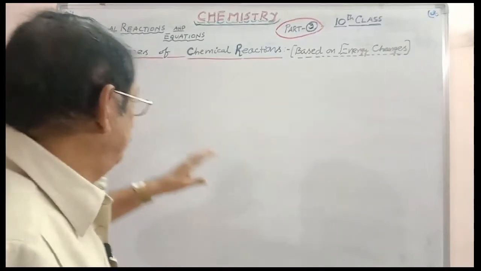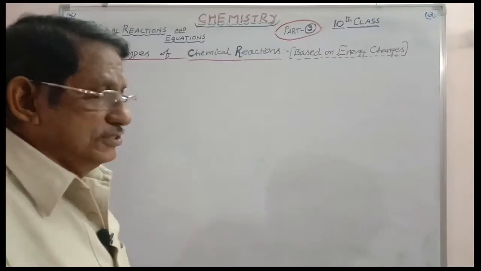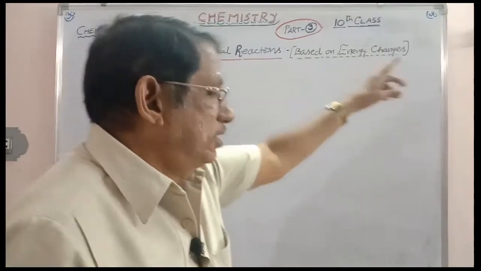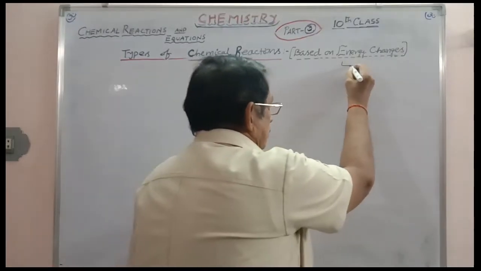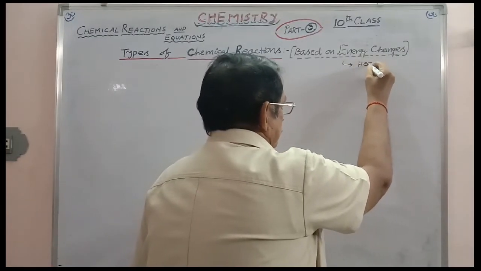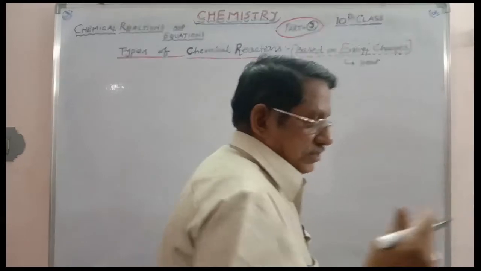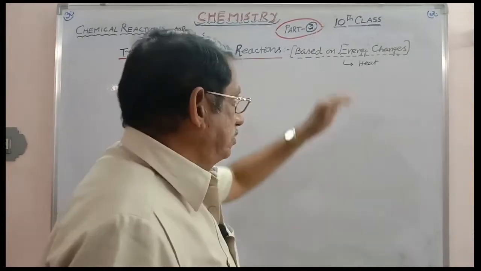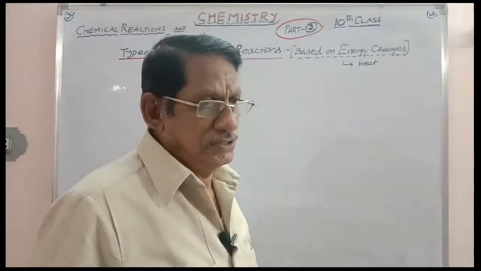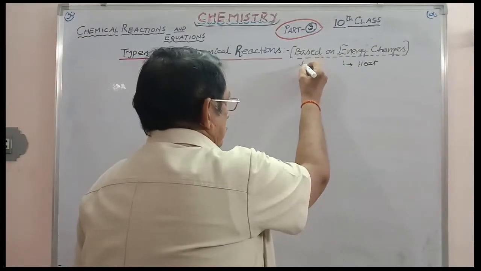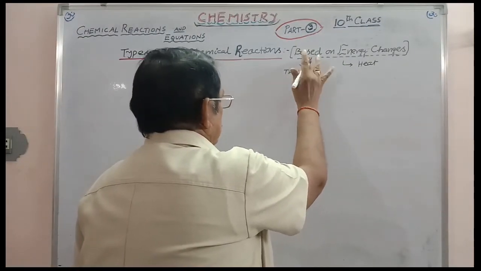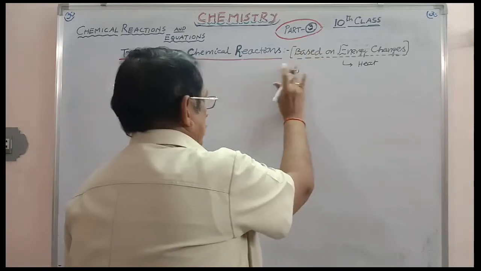First, let us take types of chemical reactions based on energy changes. Energy means here heat, in the form of heat. Basing on these heat changes or energy changes in a reaction, there are two types.